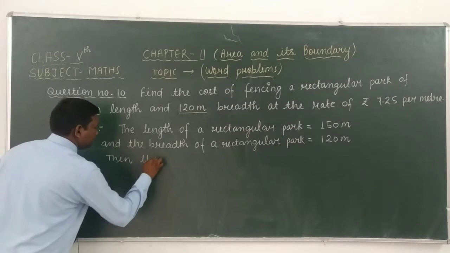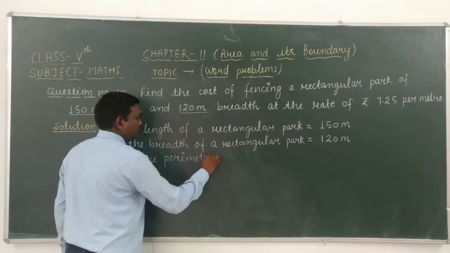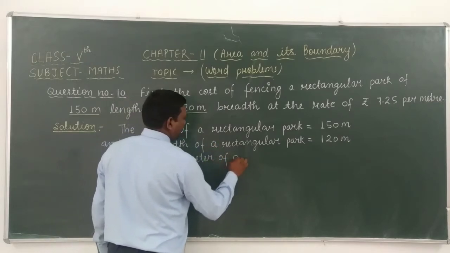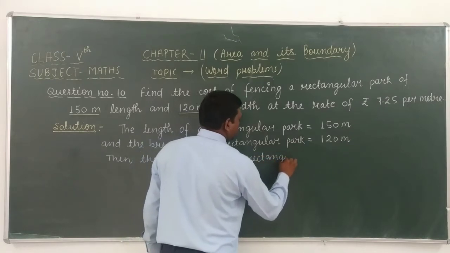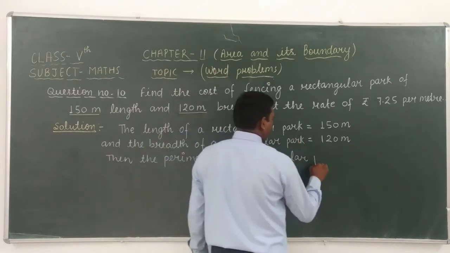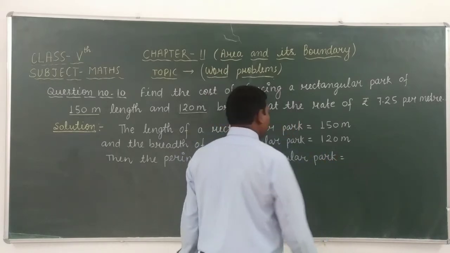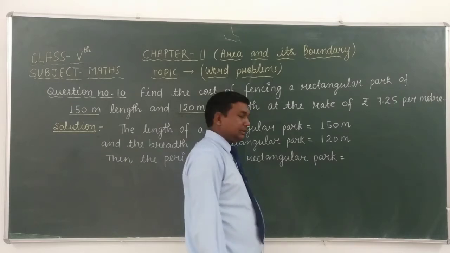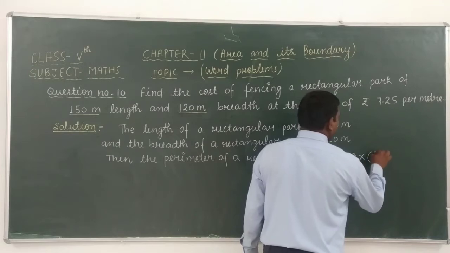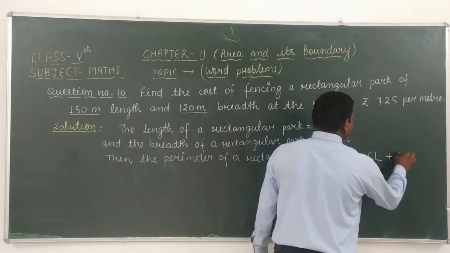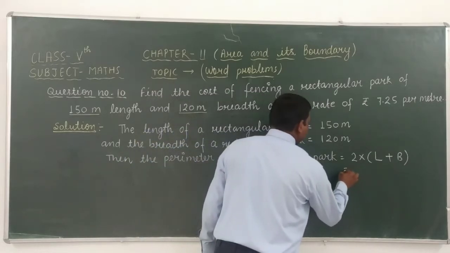Then the perimeter of a rectangular park is equal to 2 into, in bracket, length plus breadth.